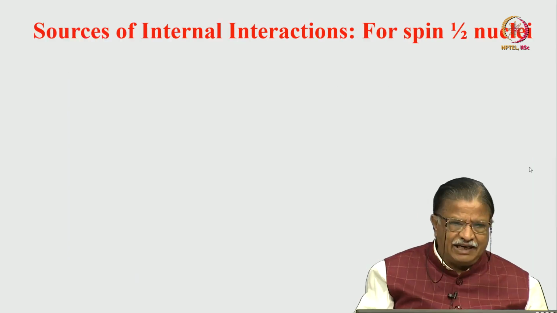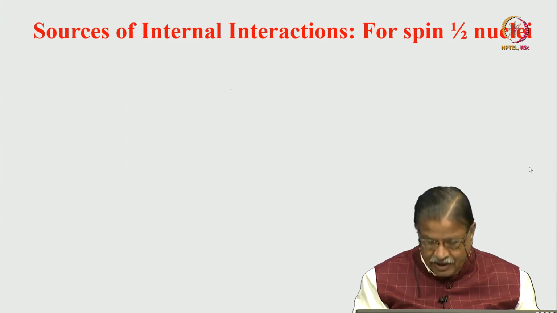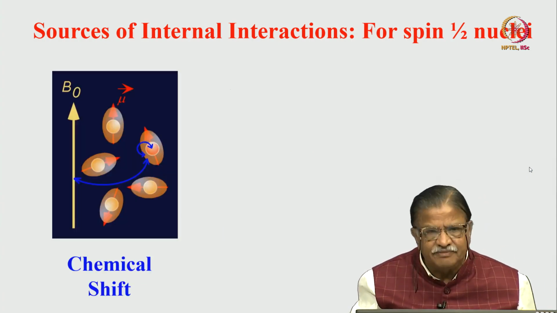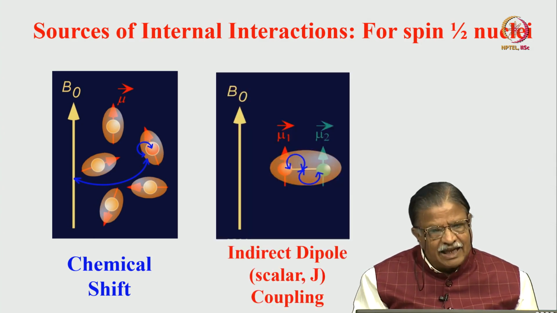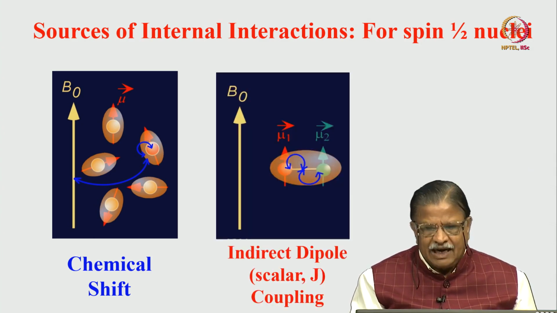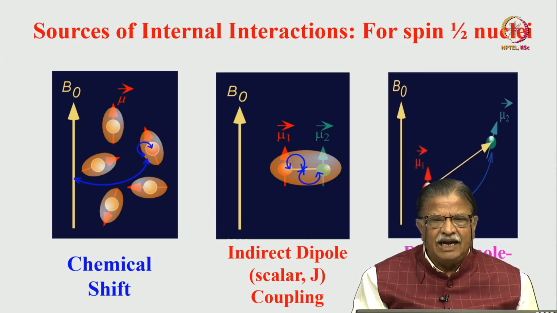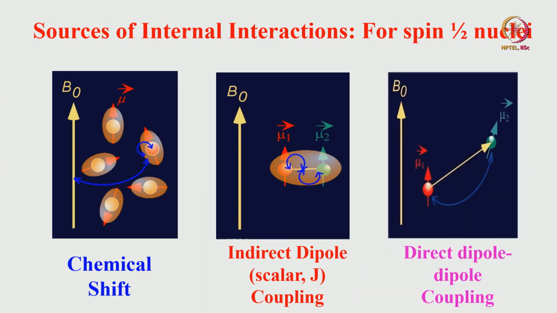Other sources of internal interaction for spin half nuclei: we have chemical shift, we have indirect scalar coupling or J coupling, and we have what is called dipolar coupling. Remember, chemical shift comes because of the charge distribution at the site of the nucleus due to the surrounding electrons. That charge distribution gives rise to chemical shift.